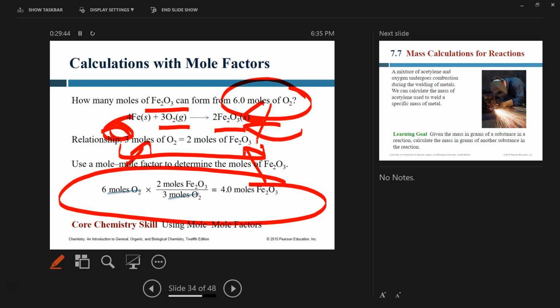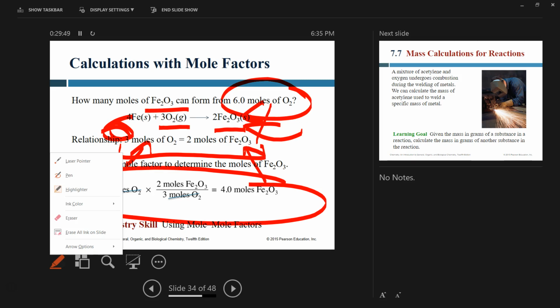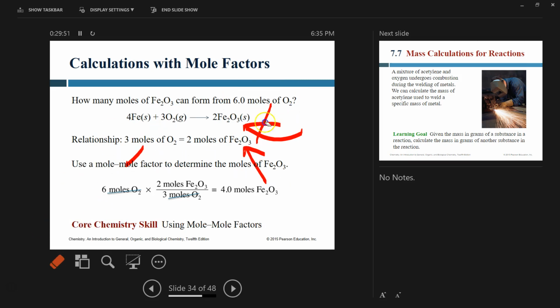You have to understand, chemistry is actually cooking. It's following the recipe. So this recipe tells you that if you take 3 moles of oxygen, you're going to produce 2 moles of iron oxide. Does that make sense?